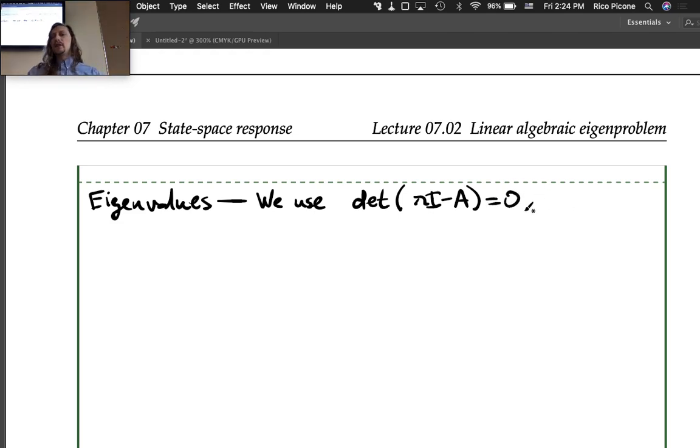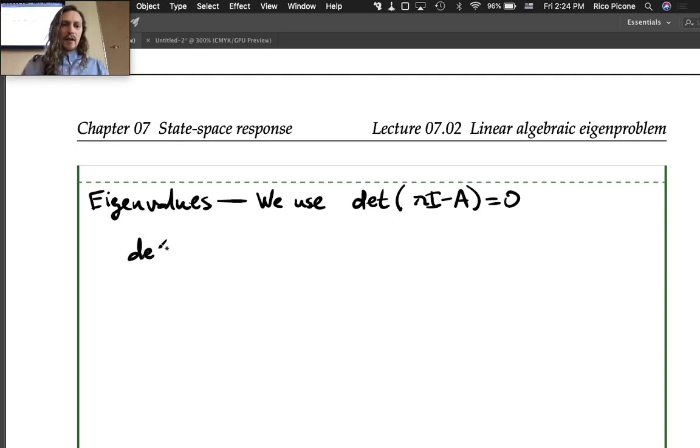This is the condition that we have for lambda to be an eigenvalue, and so we can evaluate this determinant to find a scalar expression in terms of lambda that must be equal to 0, and that'll give us what our eigenvalues are. So let's go ahead and do that.